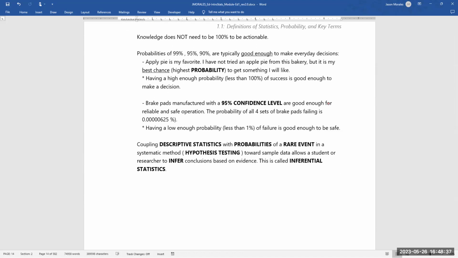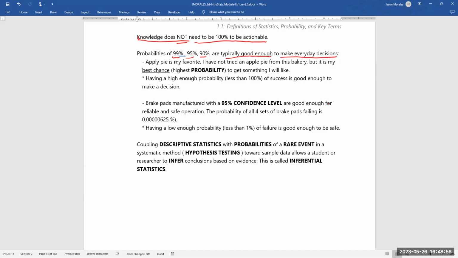And knowledge does not need to be 100% to be actionable. Probabilities of less than 100%, like 99, 95, or even 90%, are typically good enough to make everyday decisions.